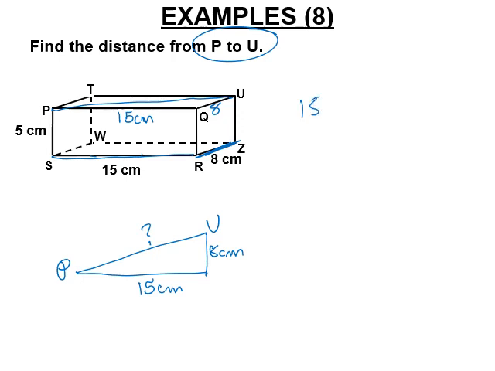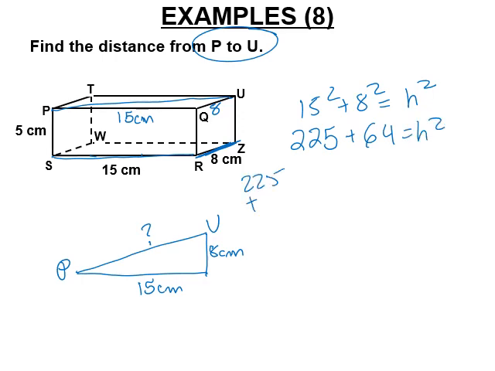So it's 15 squared plus 8 squared equals hypotenuse squared. 15 times 15, you should have memorized by now, 225. 8 times 8, 64. 225 plus 64 is 289. Now, I haven't asked you to memorize that, but we know 225 is 15 squared, right? So it's a little bit more than 15.